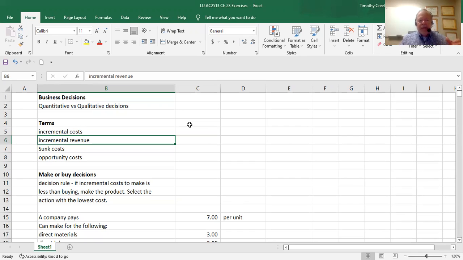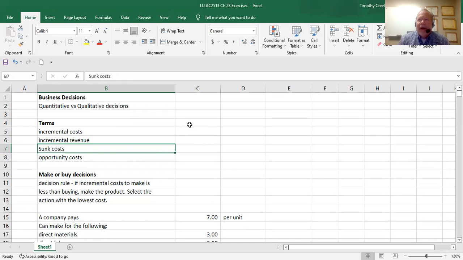What's different if I choose A versus if I choose B? Or what's different if I choose B than what happens if I choose A? And so you're looking at incremental cost or revenue. These basically are costs or revenues that matter and make a difference as far as a particular business decision.